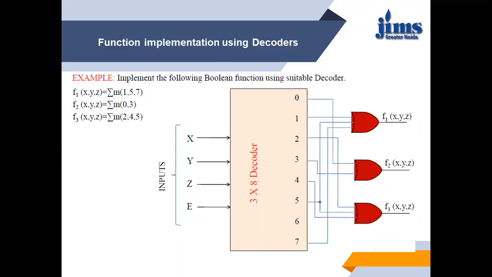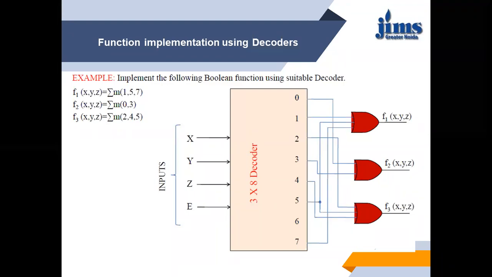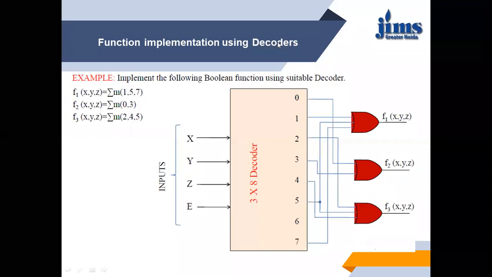F2 is 0, 3. It may be possible that many of the minterms you are not using. Here in this case we are not using 6, so it doesn't mean that it will affect the operation of the circuit. Whichever term is not used, you can simply keep it blank.